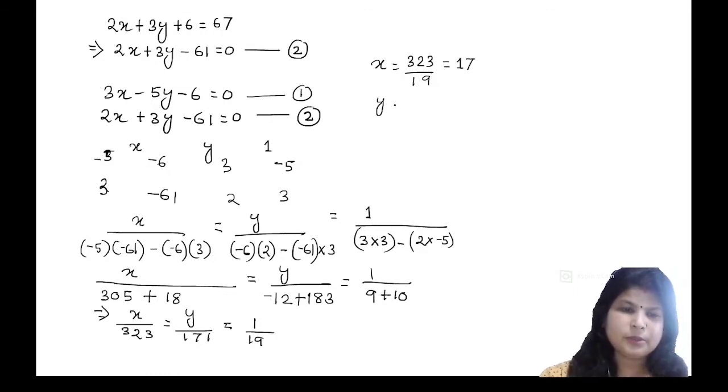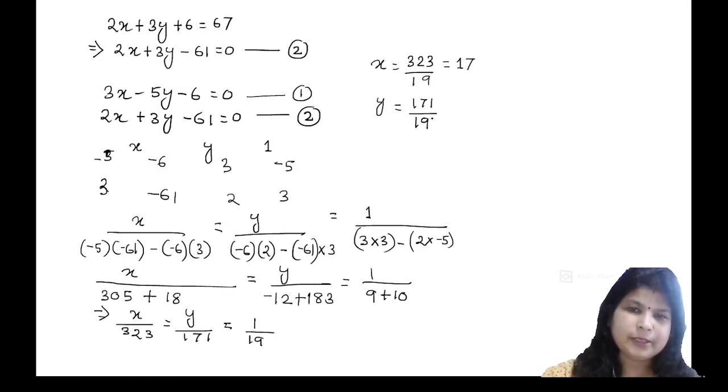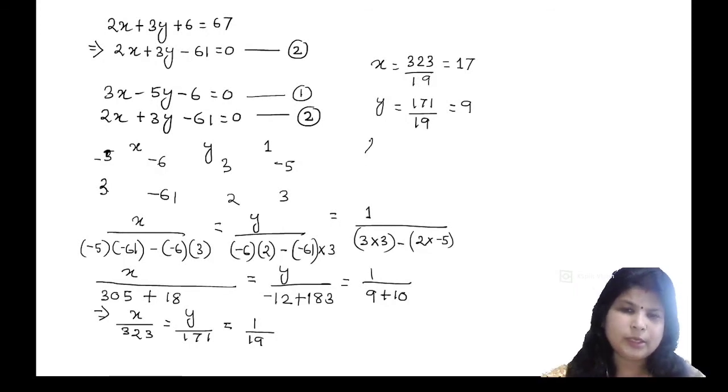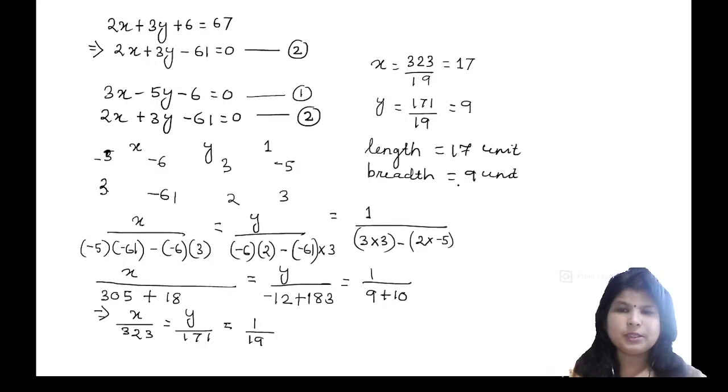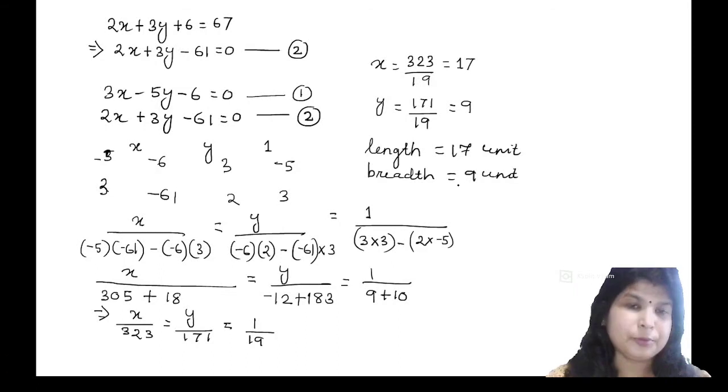So y will be equal to how much? 171 divided by 19. So what is the answer? 9. Correct or not? 171 divided by 19, that is equal to 9. So the length of the rectangle is equal to 17 units, and your breadth is equal to 9 units.